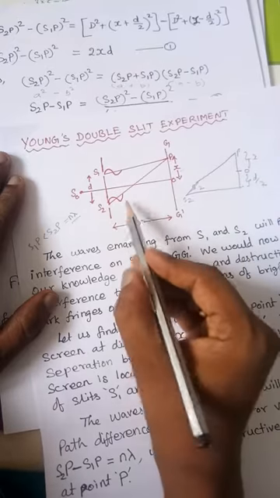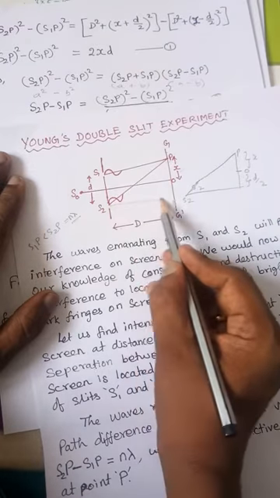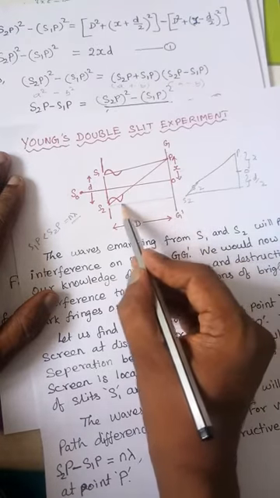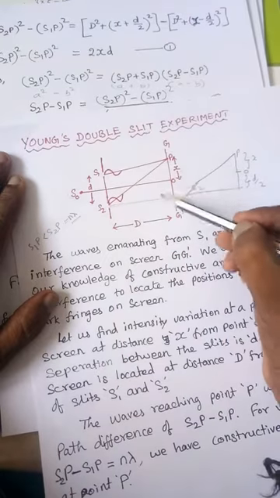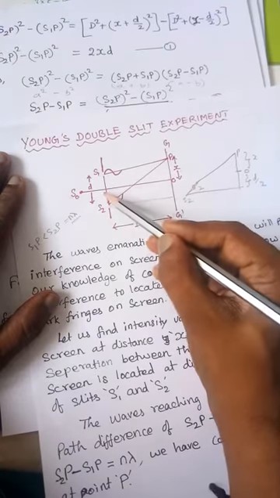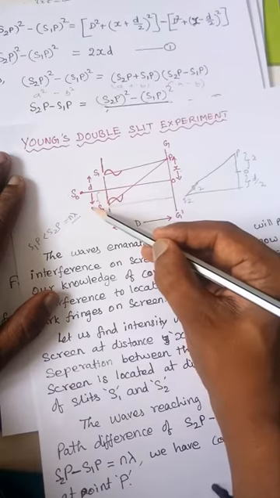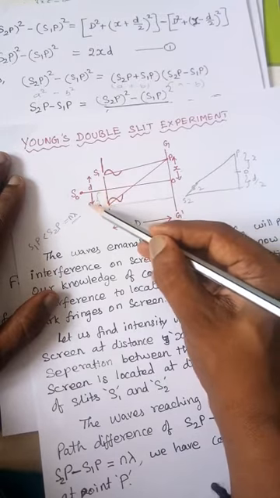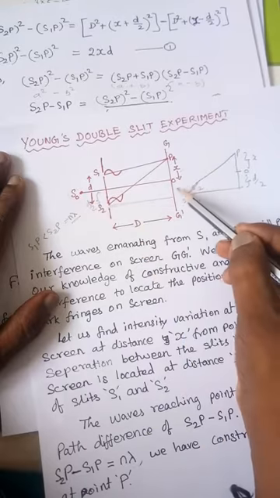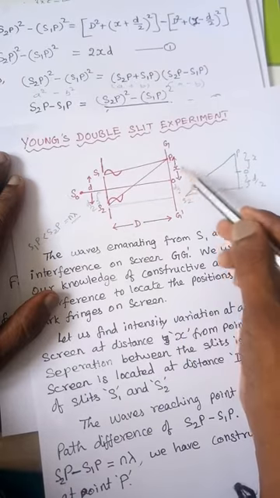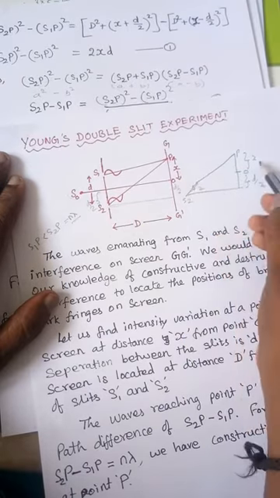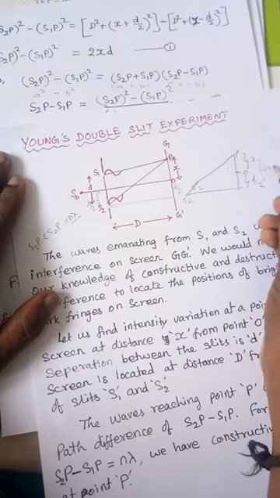How d by 2? Listen. If you consider like this, this part is d by 2 only, total d. So this is half, so this is d by 2. So the total is x plus d by 2.